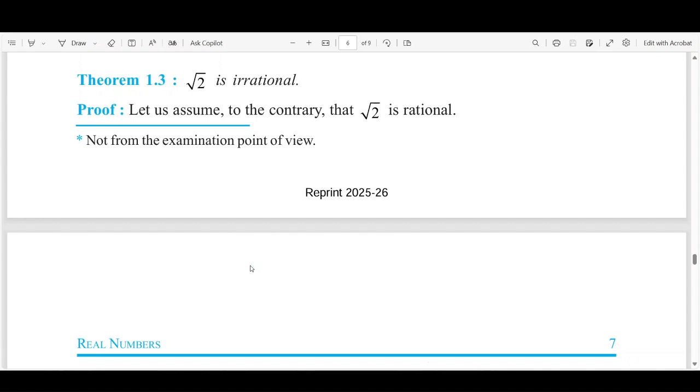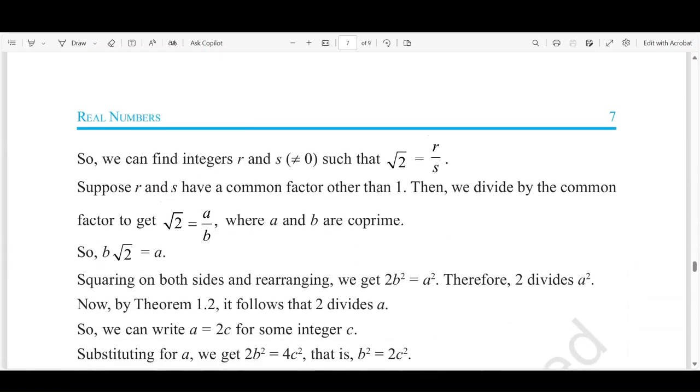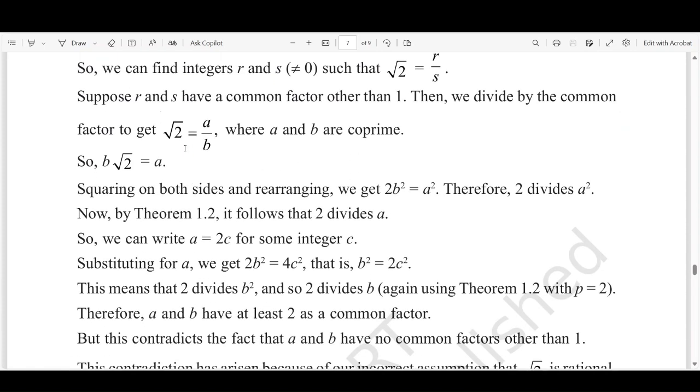So, let us assume that root 2 is a rational number. According to the definition of rational numbers, it should be written in the form p by q provided q is not equal to 0 and p and q should be coprimes. So, they have written root 2 as r by s, in case r and s are not coprime, by dividing them by the common factor, and finally you can represent that in the form a by b, where b is not equal to 0 and both a and b are coprimes.